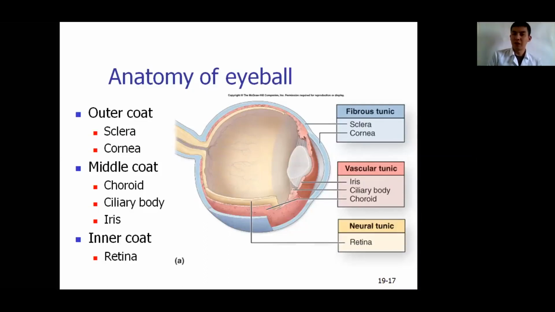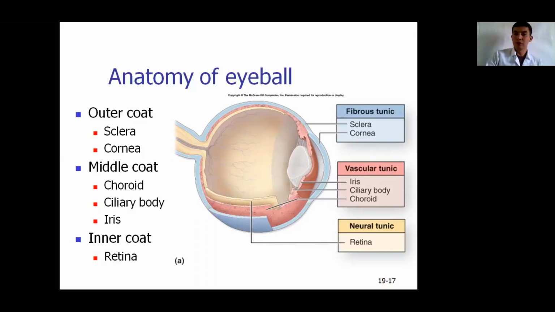The outer coat or fibrous tunic is represented by the sclera and cornea. The vascular tunic, or middle layer, is represented by the iris, ciliary body, and choroid, also known as the uveal tract. And the most inner layer, or neural layer, is the retina.